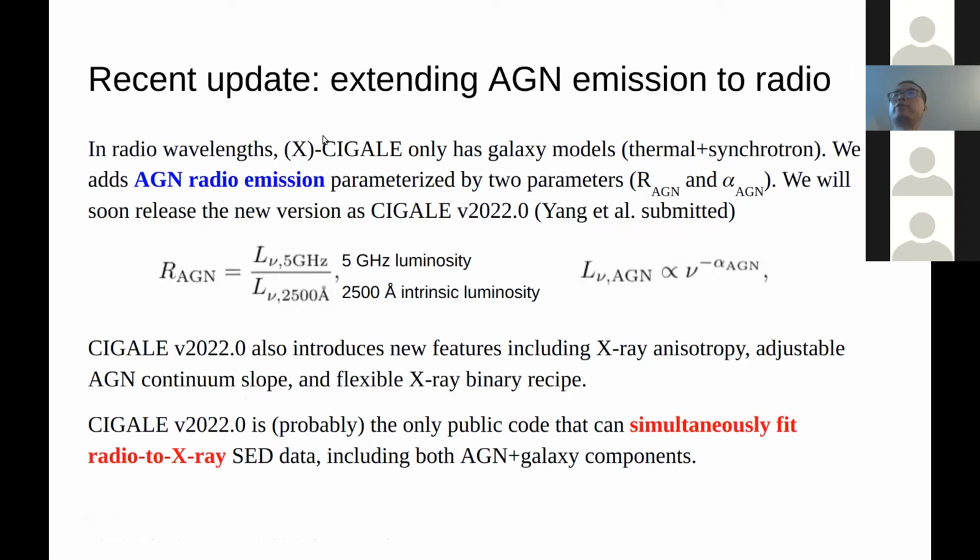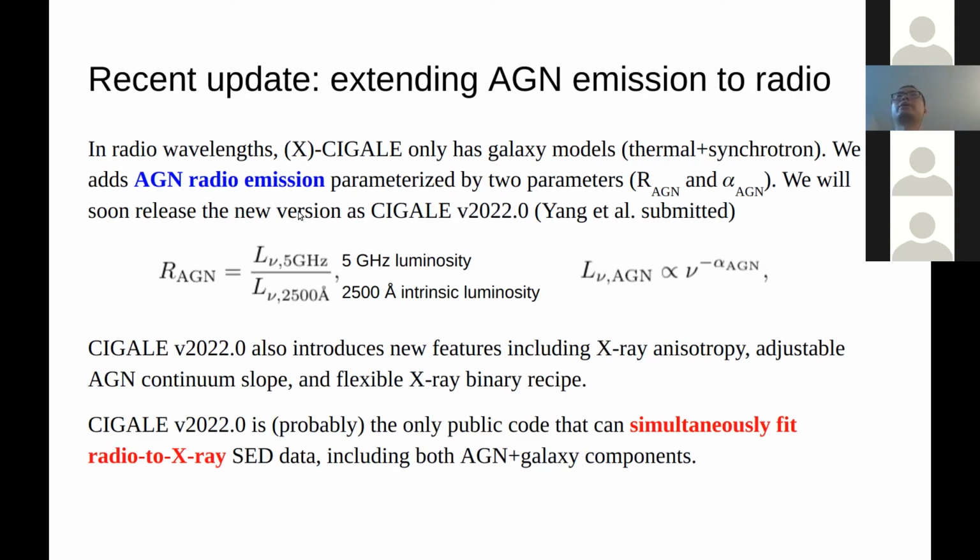Recently, we wanted to further update CIGALE, because the previous X-CIGALE or CIGALE only had galaxy radio emission, and it does not deal with the AGN radio emission. So we want to extend the model further to the radio wavelengths. We will formally release the version as CIGALE version 2022.